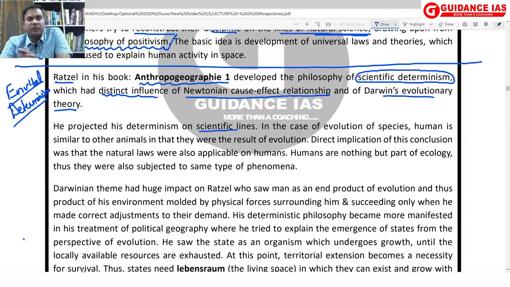So, the type of study which was being done by Carl Sauer, do you remember we talked about what Sauer wanted to do? He wanted to find a natural theory of how a natural landscape is converting to a cultural landscape. He wanted to actually discover a law of how this conversion is taking place. Okay. So, that is why we call that cultural study as cultural determinism study.